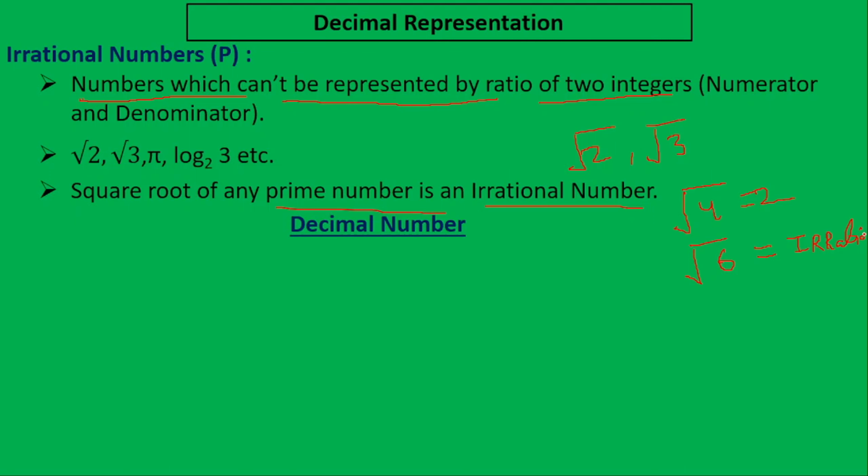So numbers which are not perfect squares have irrational square roots. If any number is not a perfect square, then its square root will be an irrational number.